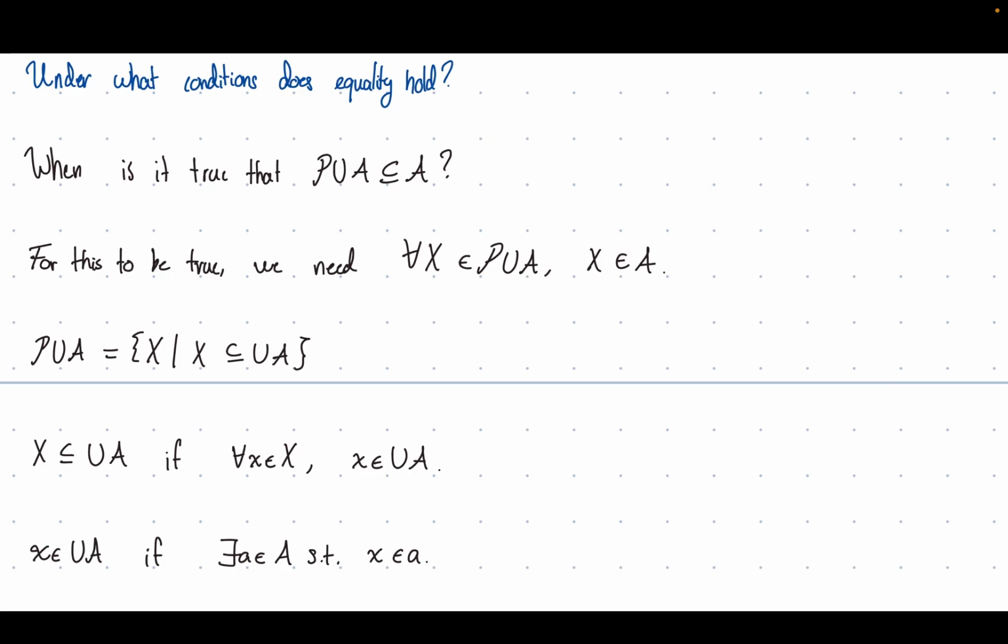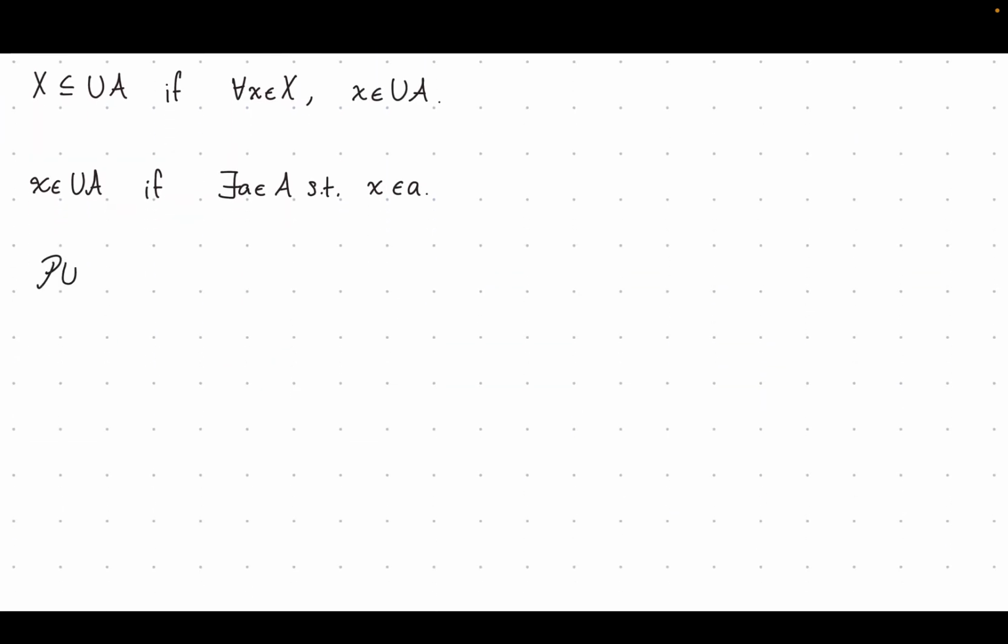So I tried this. Well, what if the power set of the union of A was the empty set, which is not possible, because even if the union of A is equal to the empty set, then the power set of the union of A is going to be the set containing the empty set.